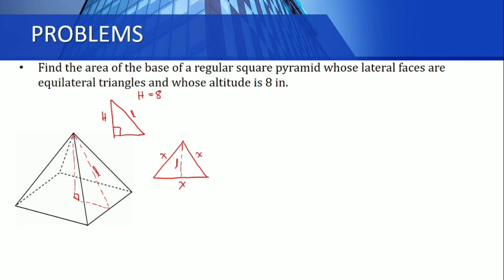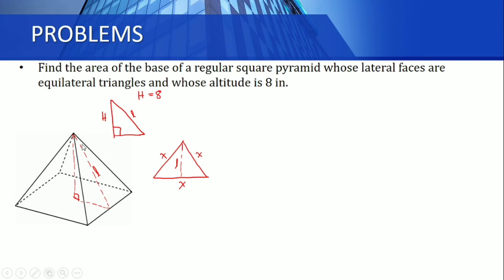So next problem. Find the base of a regular square pyramid whose lateral faces are equilateral triangles and whose altitude is 8 inches. So ito yung square pyramid natin. Meron tayong equilateral triangle, yung lateral faces niya. Kapag sinabi nating equilateral triangle, equal lahat ng sides ng ating triangle.